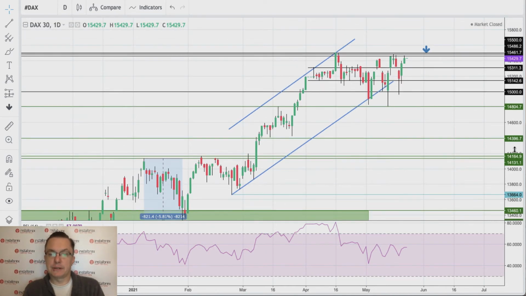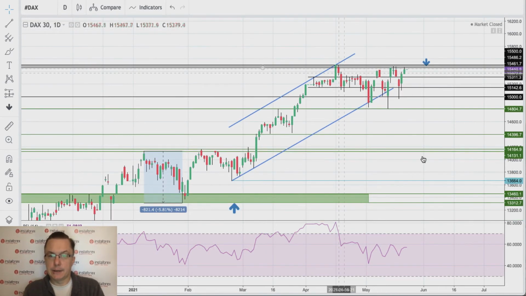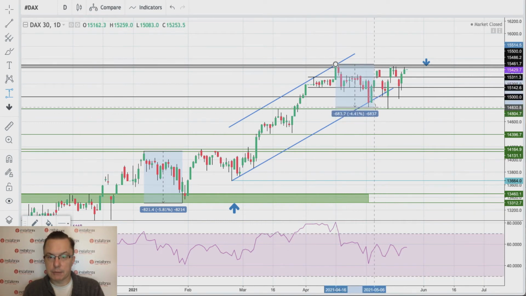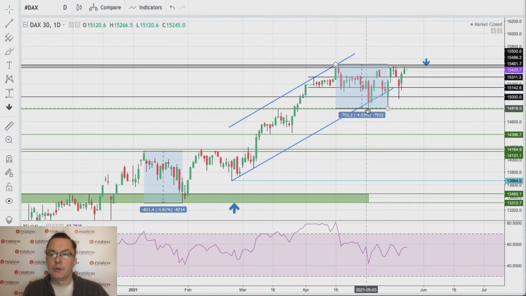Strong, positive momentum. The recent move down on the DAX was not that much, about 4.41%, and then 4.61%, which is way less than the biggest correction so far, 5.81.